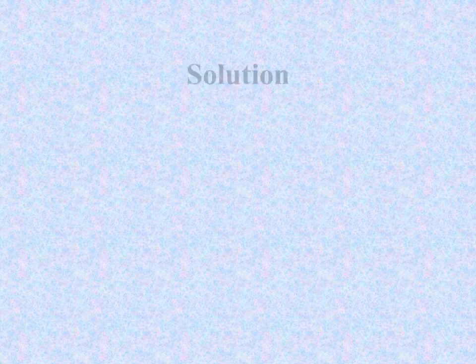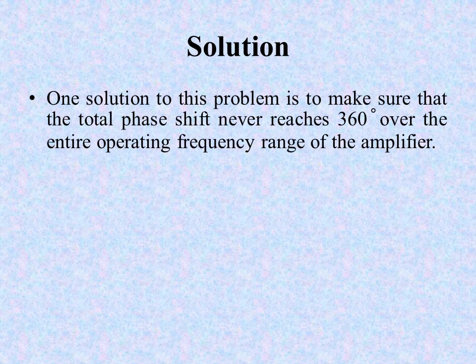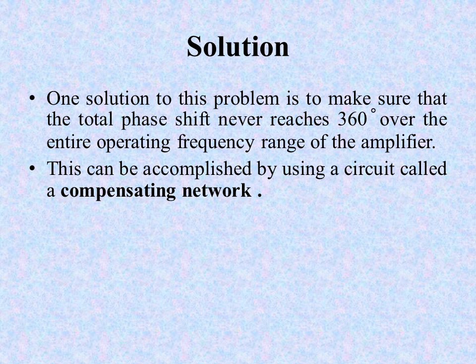So what is the solution to such a problem? One solution to this problem is very simple: we should make sure that the total phase shift never reaches 360 degrees over the entire operating frequency range of the amplifier. Now how can this condition be achieved?